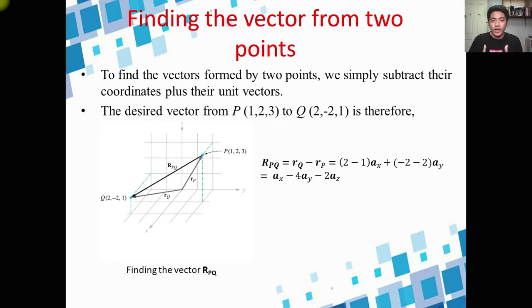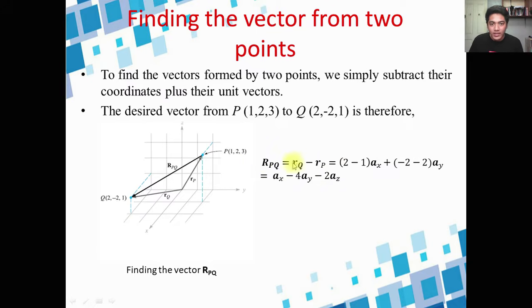If we want to get the vector from point P to point Q, denoted by R sub PQ, what are we going to do? We simply subtract their position vectors from the origin, R sub Q and R sub P.